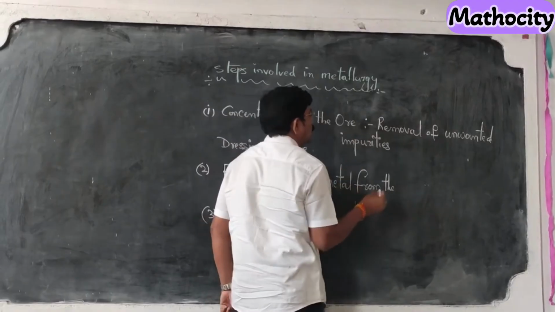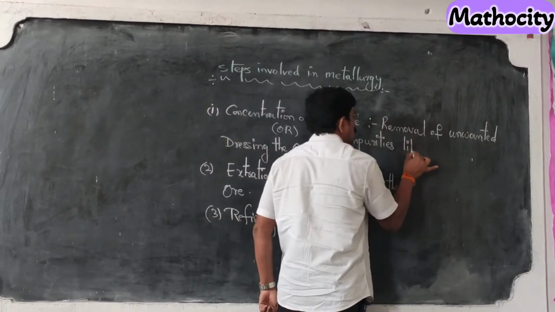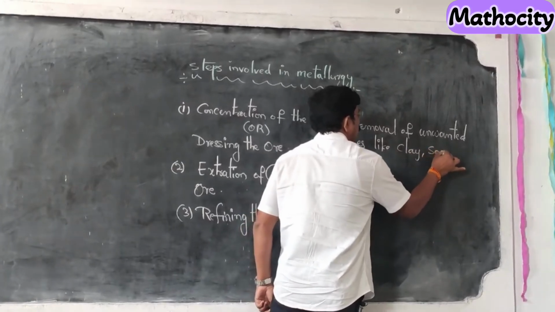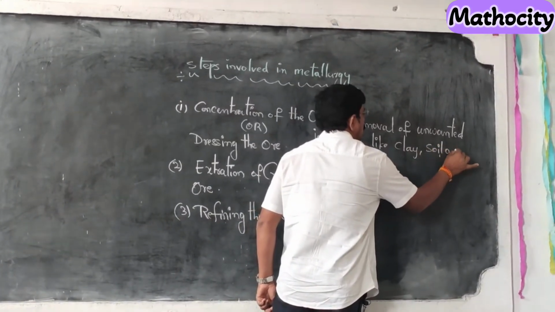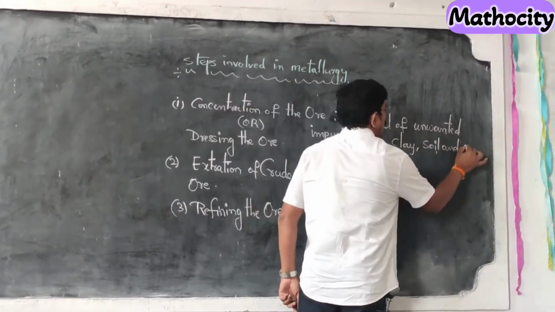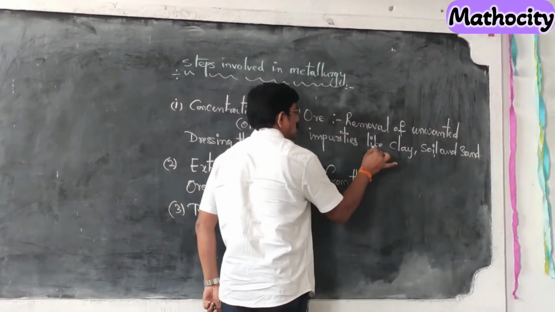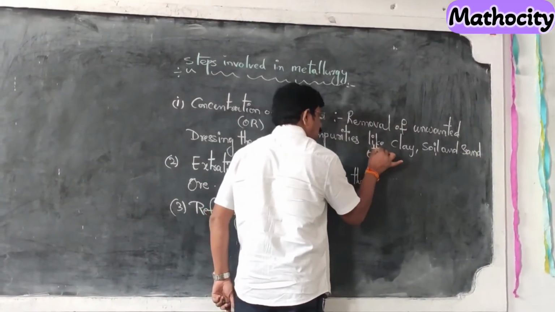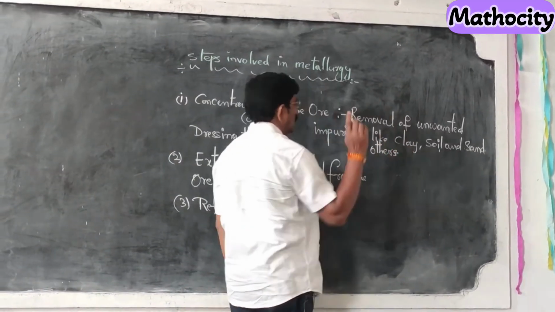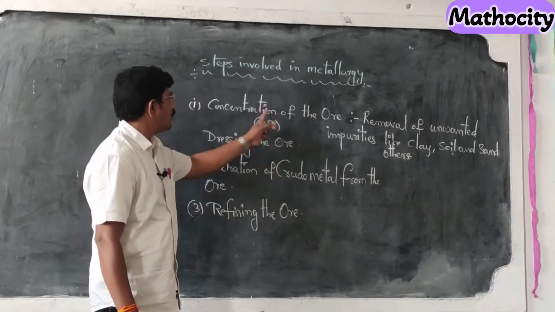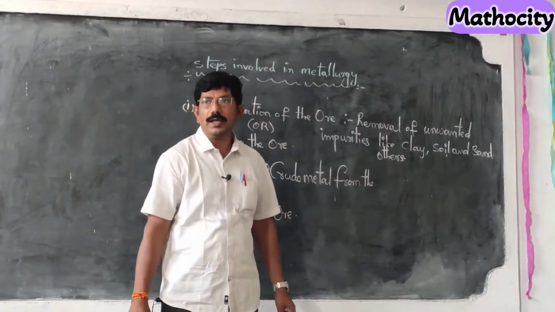What are the unwanted impurities? Like clay, soil and sand. Okay, others. Husk is also present. These are the unwanted impurities. These are to be removed from the ore in the beginning.